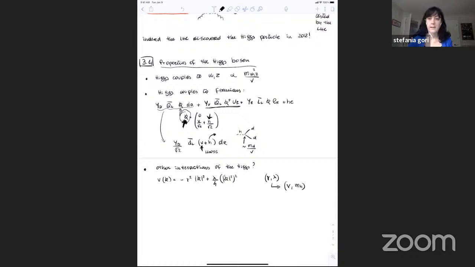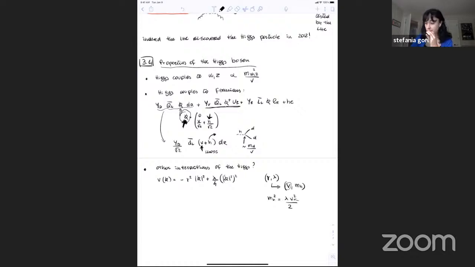This is a simple exercise that we can do at home, and we have already seen the relation between V and mu and lambda. We can also extract the mass of the Higgs, and we get this nice relation, namely that the mass of the Higgs squared is also proportional to the VEV squared. So we would expect the mass of the Higgs to be around the electroweak scale, roughly speaking, around its vacuum expectation value.